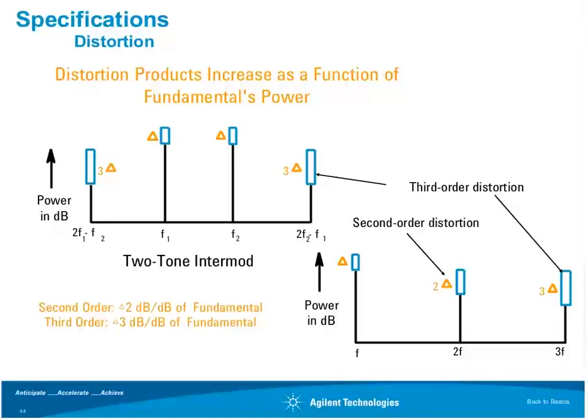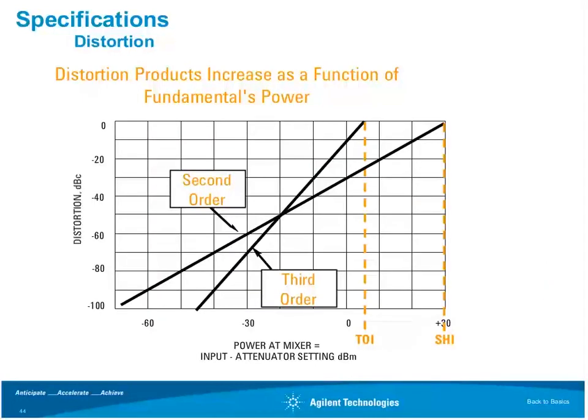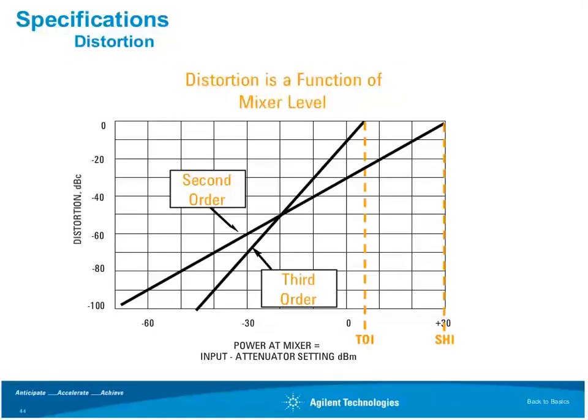Intermodulation distortion is often considered third order distortion, and you can actually have fifth order and seventh order and so forth, but the most important one here typically is the third order product. Since they rise faster than the fundamental, we could plot, again, our distortion as a function of power reaching the mixer.